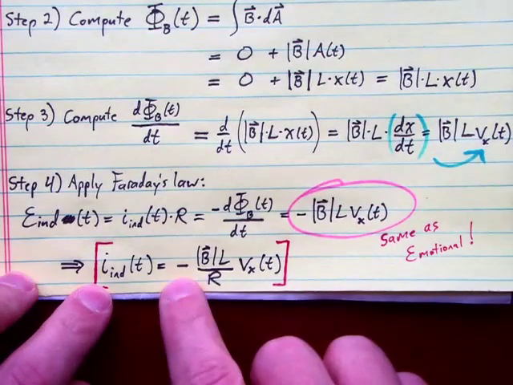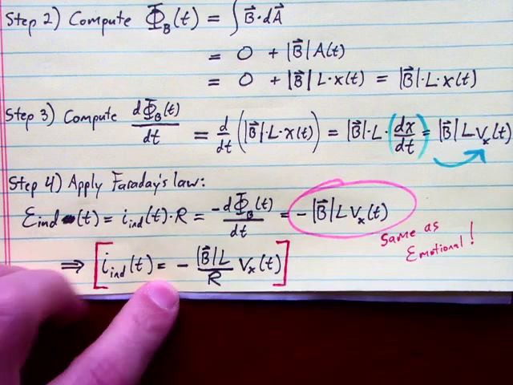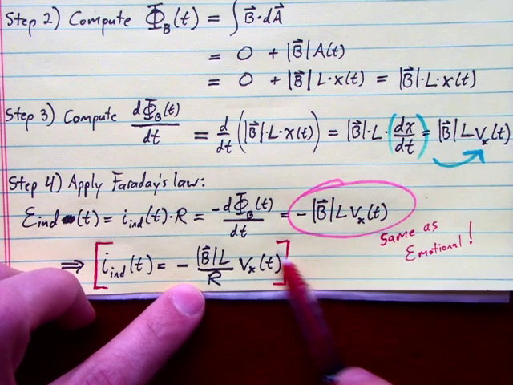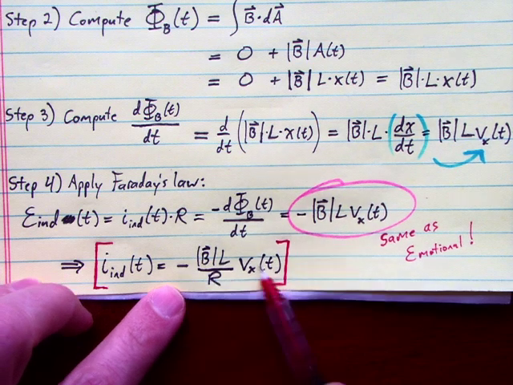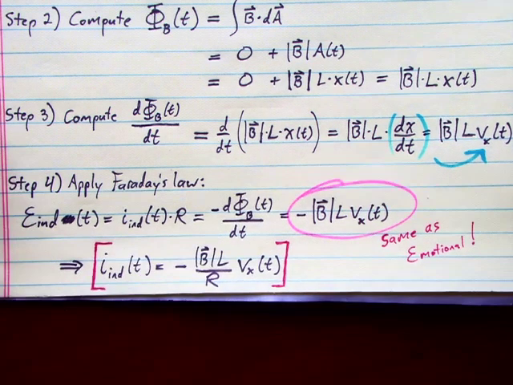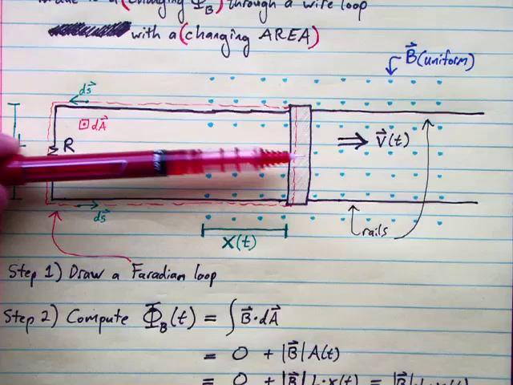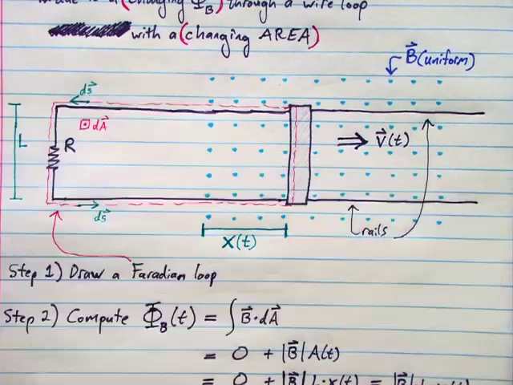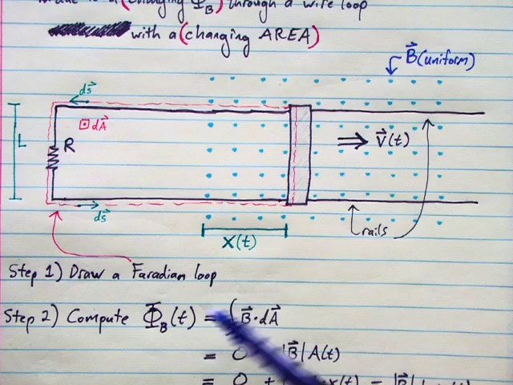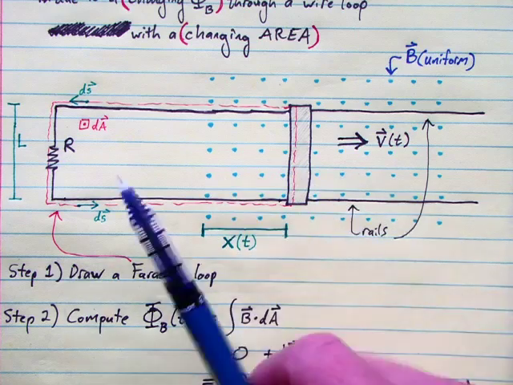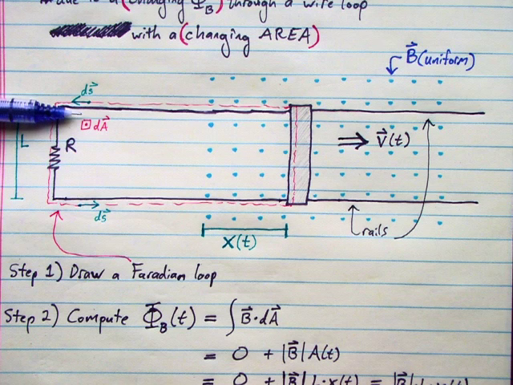Okay, regarding the sign of that current, we see that if V is positive, the negative suggests that I would be negative. Let's check out what that means. So if Vx is positive, so if Vx is this direction, our equation suggests that I would be negative. And recall that negative I means that I is opposite the direction of our ds vectors.